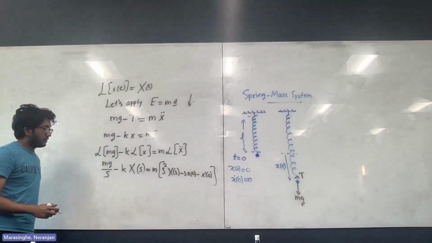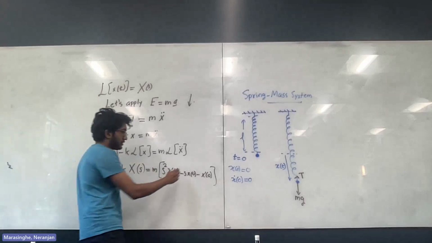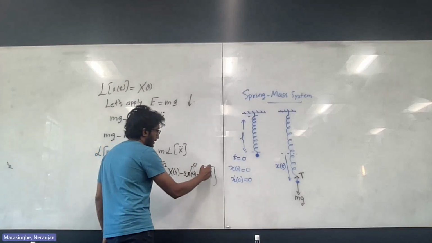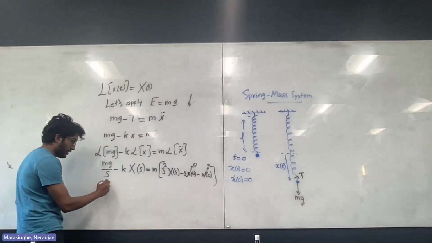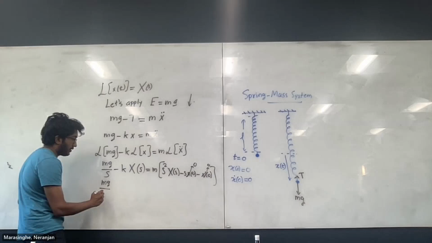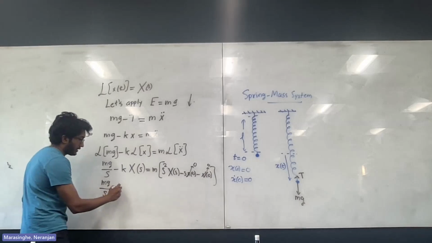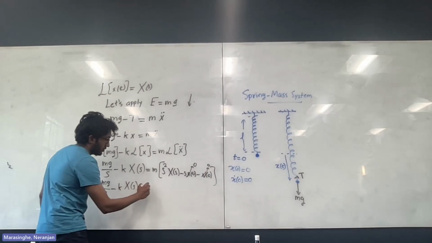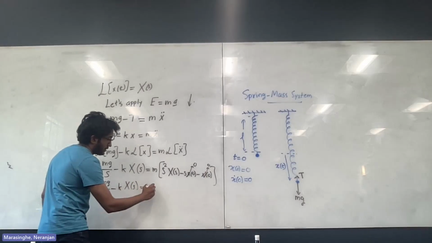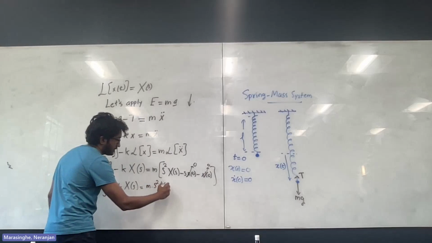Right? So this would go to 0. This is 0. So what would I get? mg divided by s minus k times X(s) is equal to m times s square times X(s).